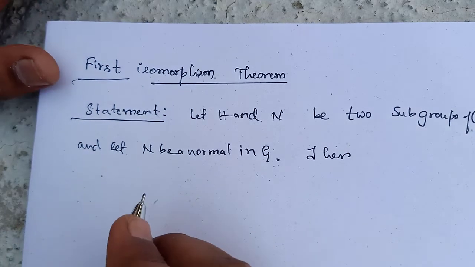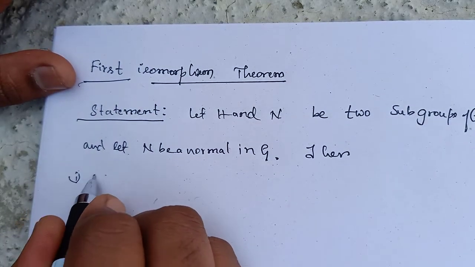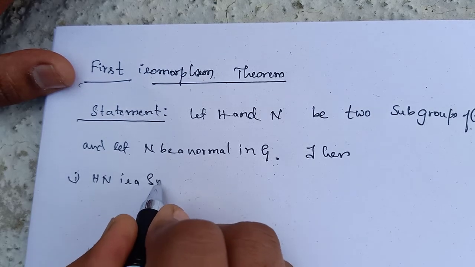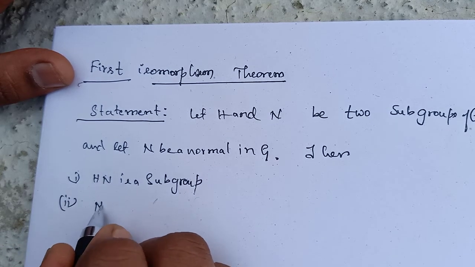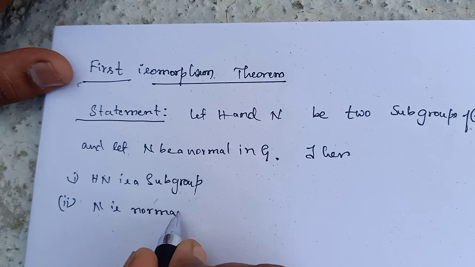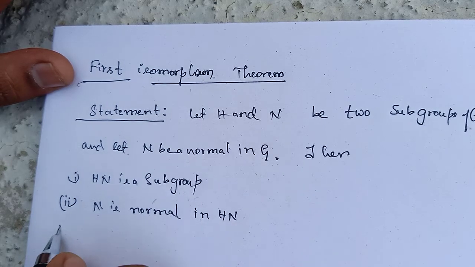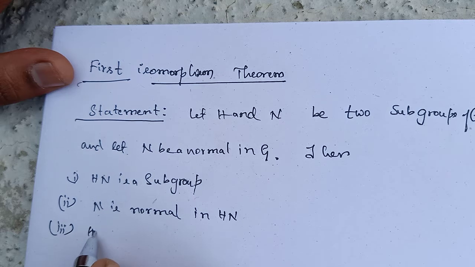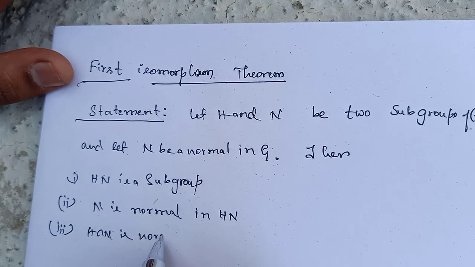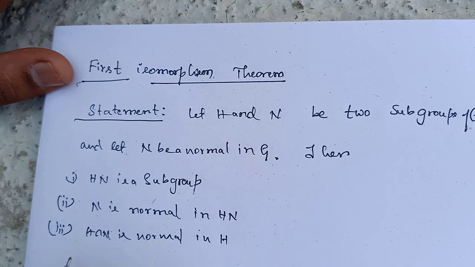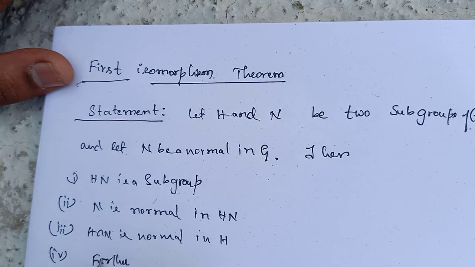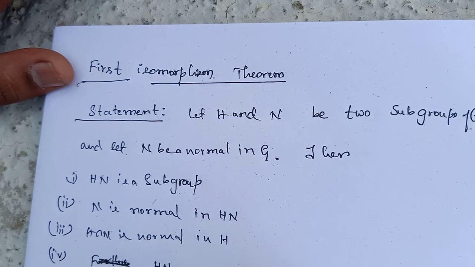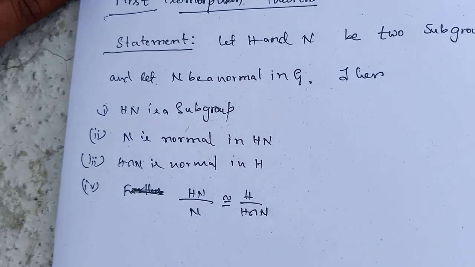The first one is HN is a subgroup of G, and the second one is N is normal in HN, and the third one is H intersection N is normal in H, and the fourth one is HN by N is isomorphic to H divided by H intersection N. The fourth one is this one.